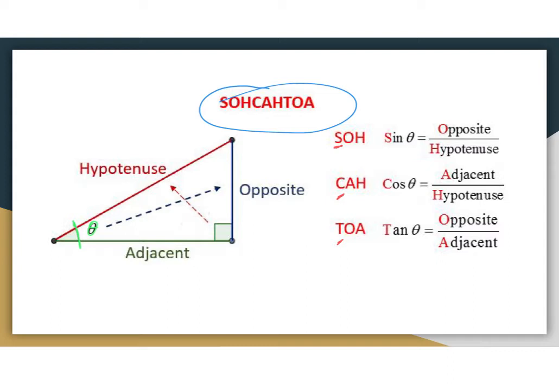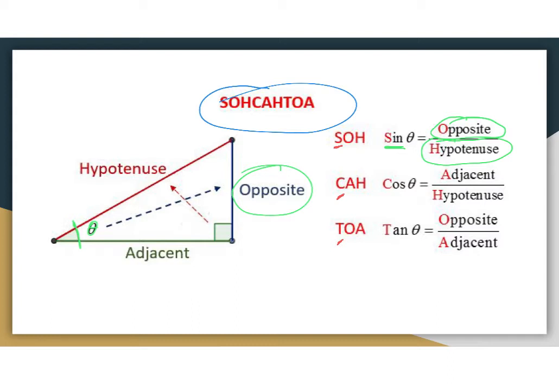And I'm going to set up a trigonometric function. If I want to talk about sine, that means I'm going to take the opposite side over the hypotenuse, and that's going to give me a certain ratio. Later on in future lessons, we're going to use these ratios to actually find angle measures when we don't have them.